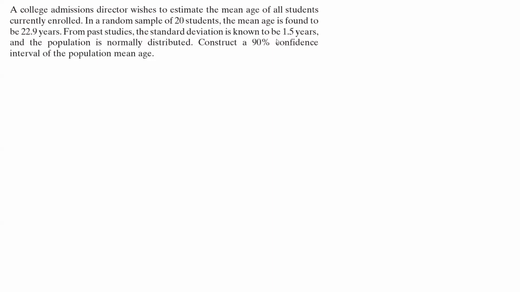In the next question, a college admission director wishes to estimate the mean age. So they want to know what is the average age of the population of all students. When it says all students, it means that you're working with the population, so mu of all students currently enrolled in that university or college.